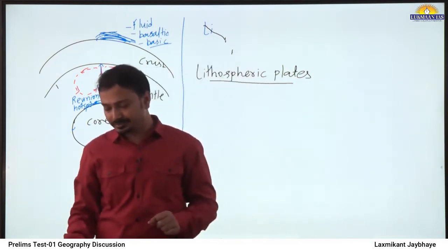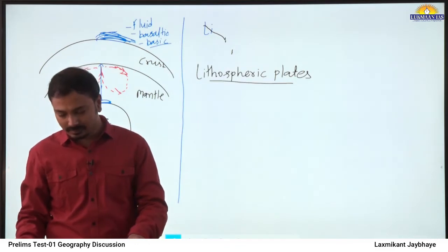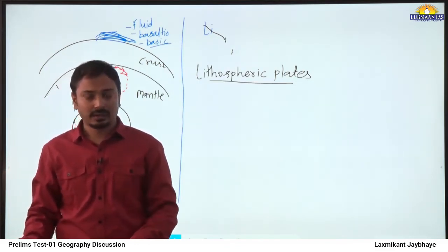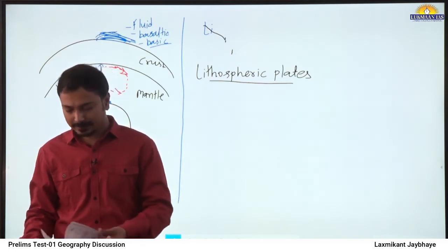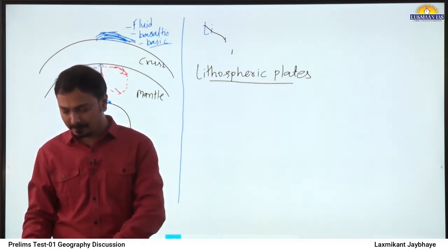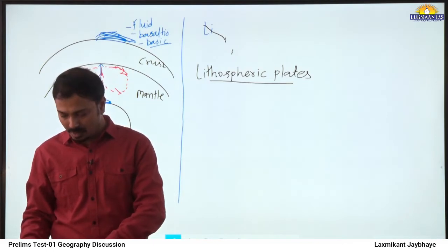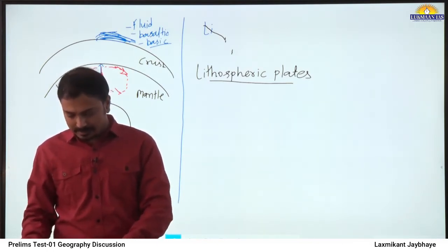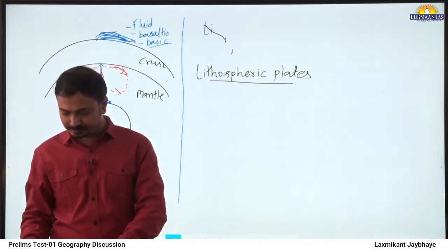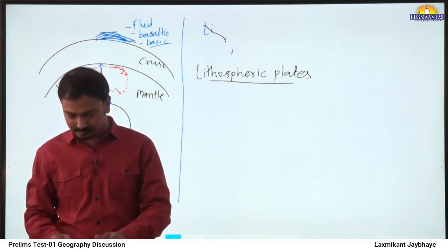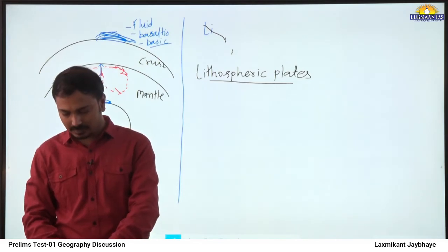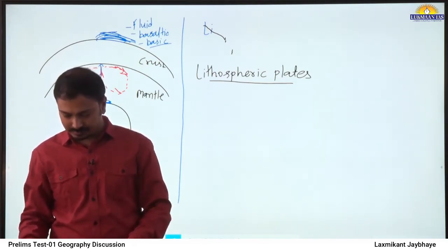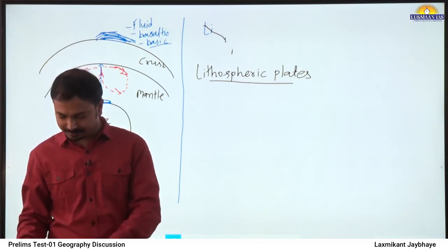Yes, any other question? So there is question related to polarity. I think seafloor spreading. Yes. If you can please explain that. So I don't remember the question number actually. Seafloor spreading.